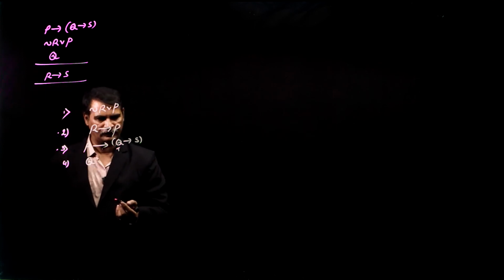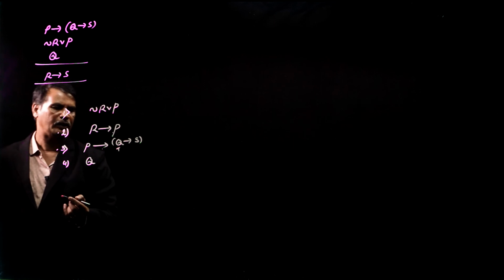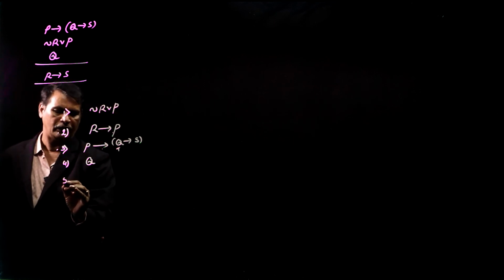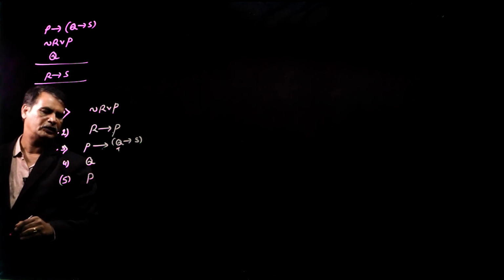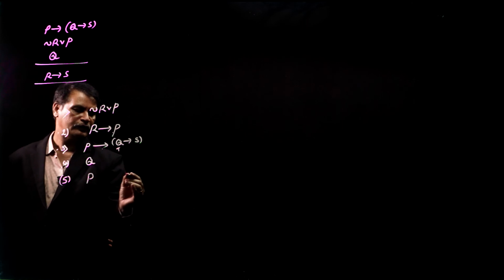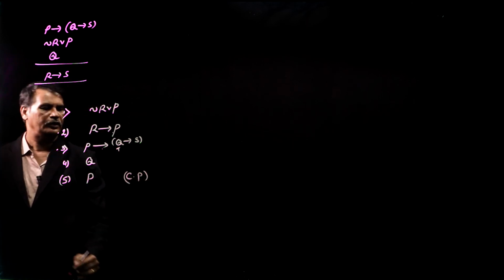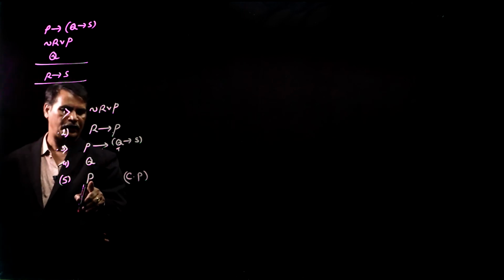In that case, what will we do? I have no other premises, so I can assume that P is true. Who says this is my condition? That is why I call it a CP rule, conditional premise. So, I may assume that P is true.